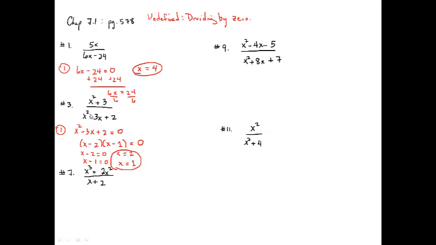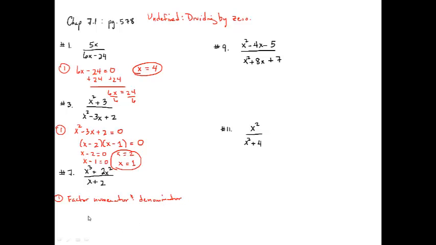So those are problems 1 and 3. Problems 7, 9, and 11. The instructions are simplify each rational expression. All you gotta do is simplify it. Okay? So when we simplify, the first step is to factor the numerator and denominator. Factor both.